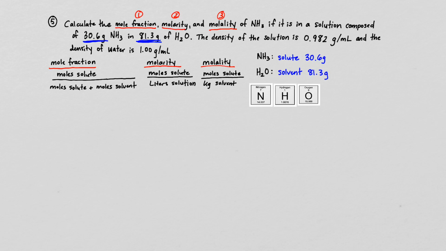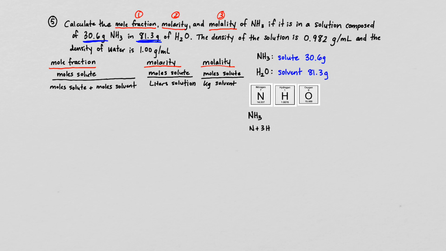So what I'm going to do here in the periodic table, what you do is you go and you look at the formula itself. So I got NH3, and I see that there is one N and three H's in NH3. And then you look on the periodic table and you see that the atomic mass of nitrogen is about 14 for every single one of those nitrogens.